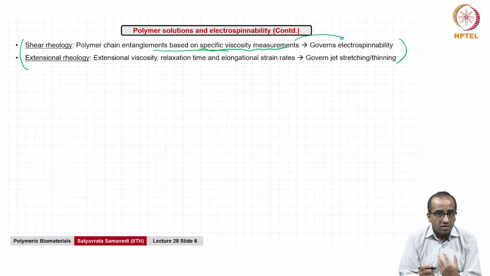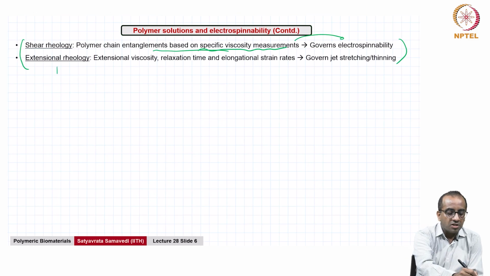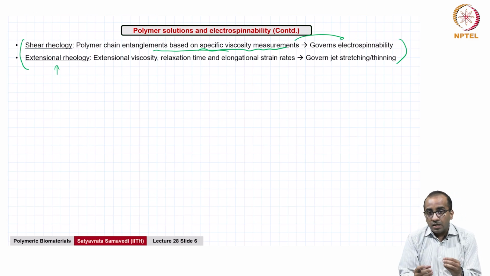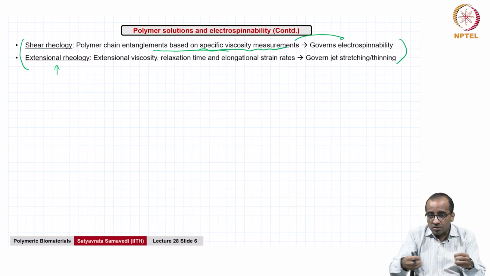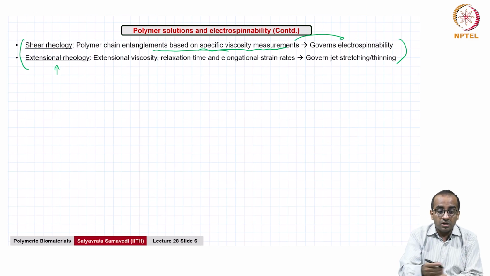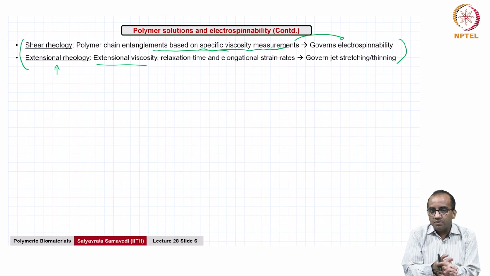Another rheological perspective to look at is extensional rheology, where if you have identified a solvent and if you have the right kind of operating conditions and the right kind of chain entanglements, you can now form stable jets. But then remember that this is being stretched. So, you're looking at extensional flows here. And so, what becomes important here during the electrospinning is extensional viscosity. So, specific viscosity, G prime, G double prime, these kinds of things may govern whether the system is electrospinnable or not.